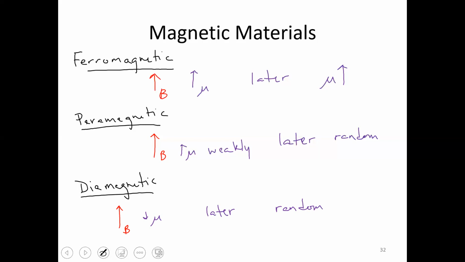So ferromagnetic are the most common you think of when you think of magnetic materials, but you can get other non-magnetic materials to have some magnetic behavior and have some alignment.